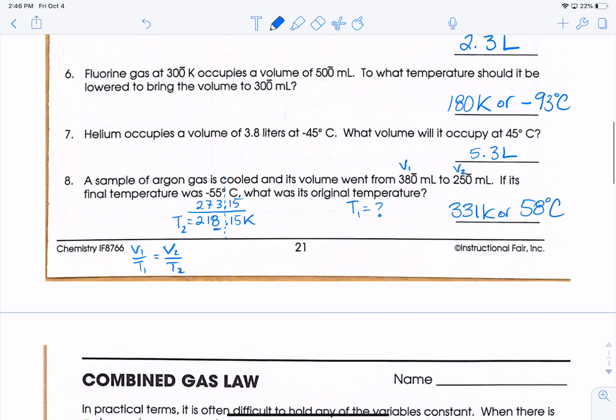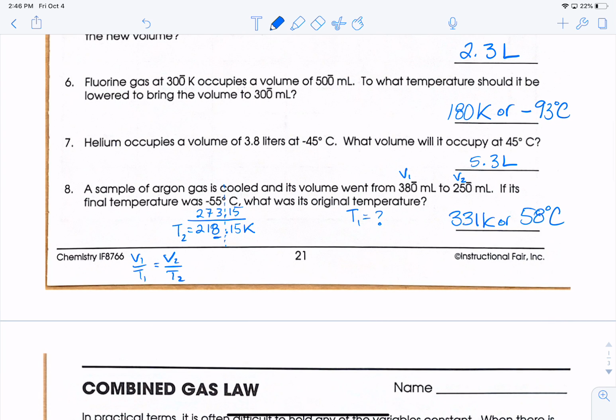I'm going to use this space right down here because I can. All right, so volume 1, we have 380 milliliters. And T1 is what I'm looking for. Volume 2 is 250 milliliters. Oh, this one's marked.